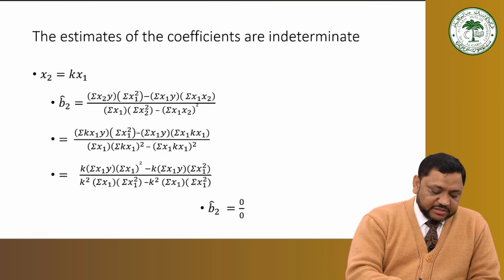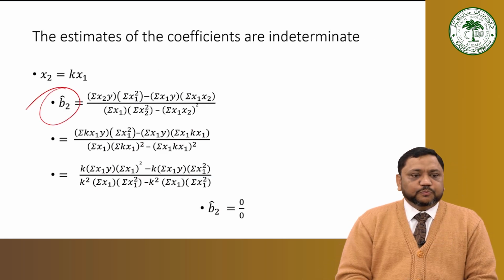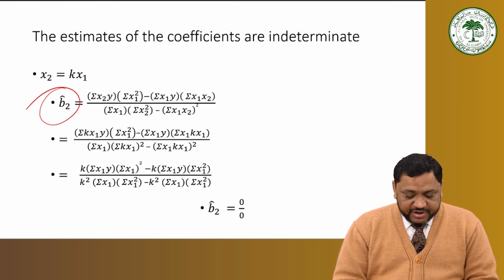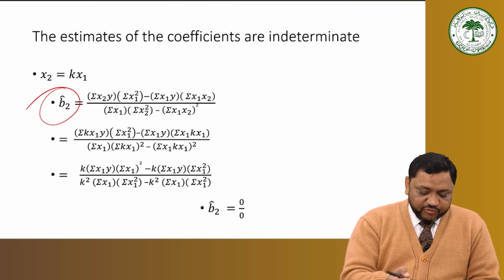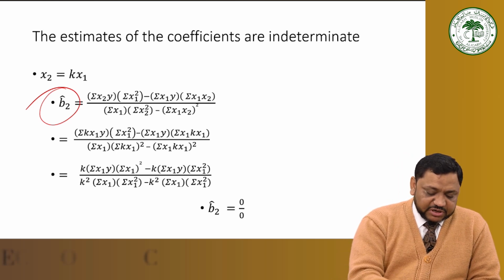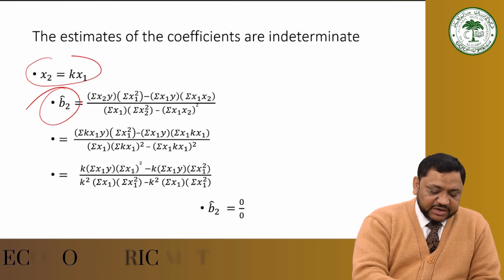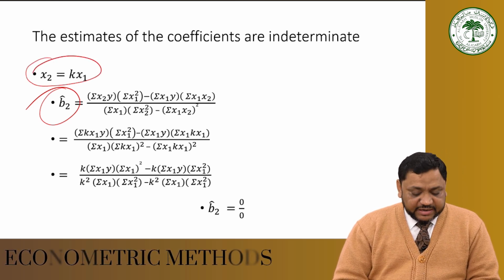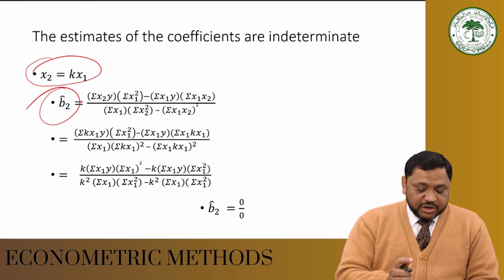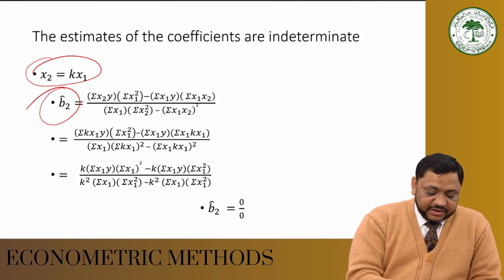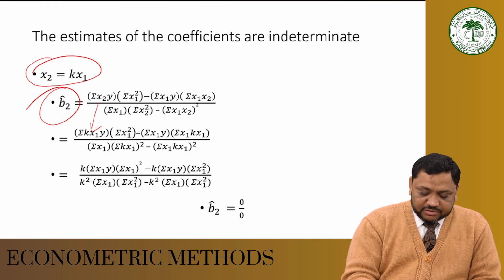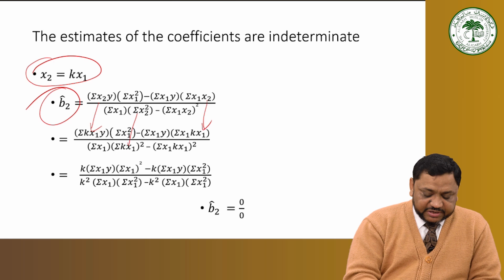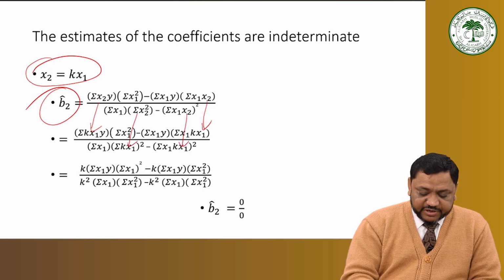Now we take beta 2. Again we assume the same linear relationship, x2 is equal to kx1, and we insert kx1 in place of x2.